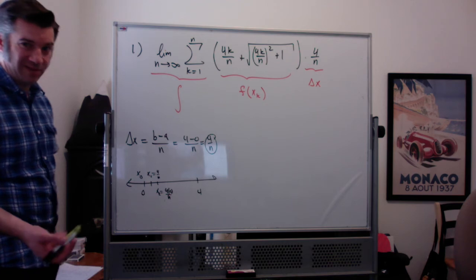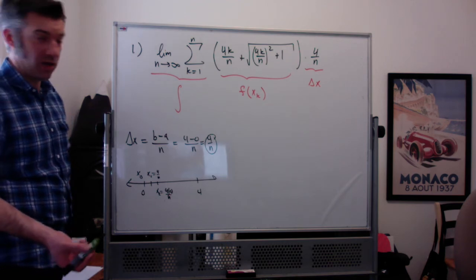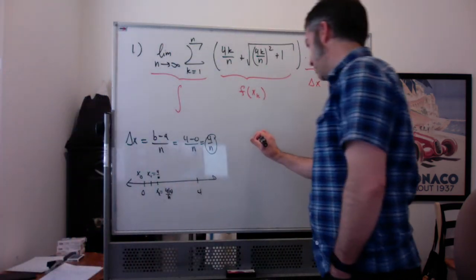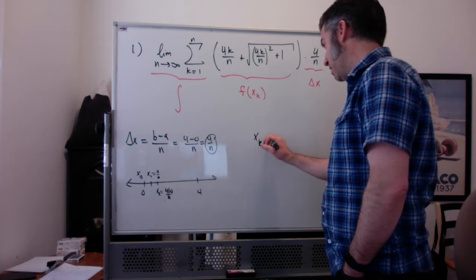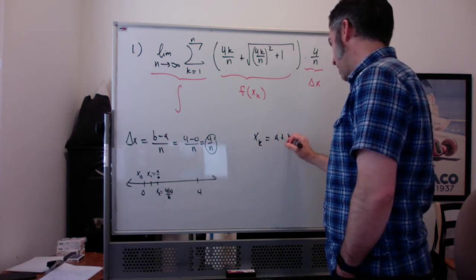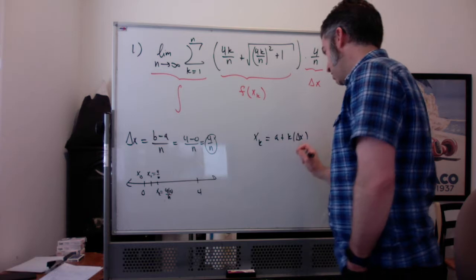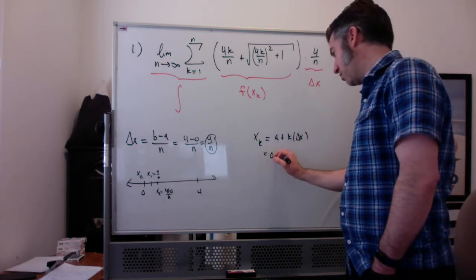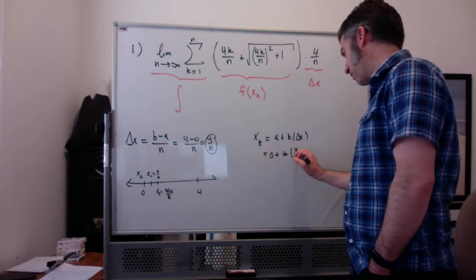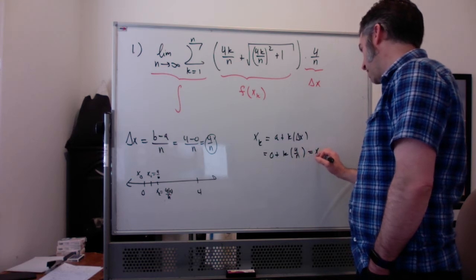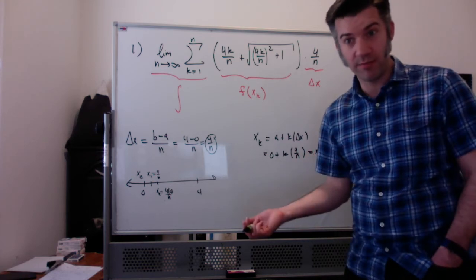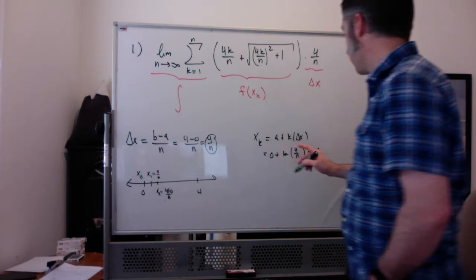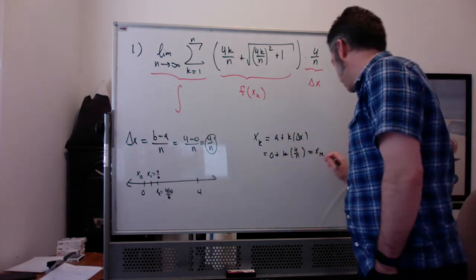And at this point you start to see that your x sub k is going to be 4k over n. You can also think of it as x sub k equals a plus k times delta x, which in this case is 0 plus k times 4 over n. So your x sub k is 4k over n, apologies.